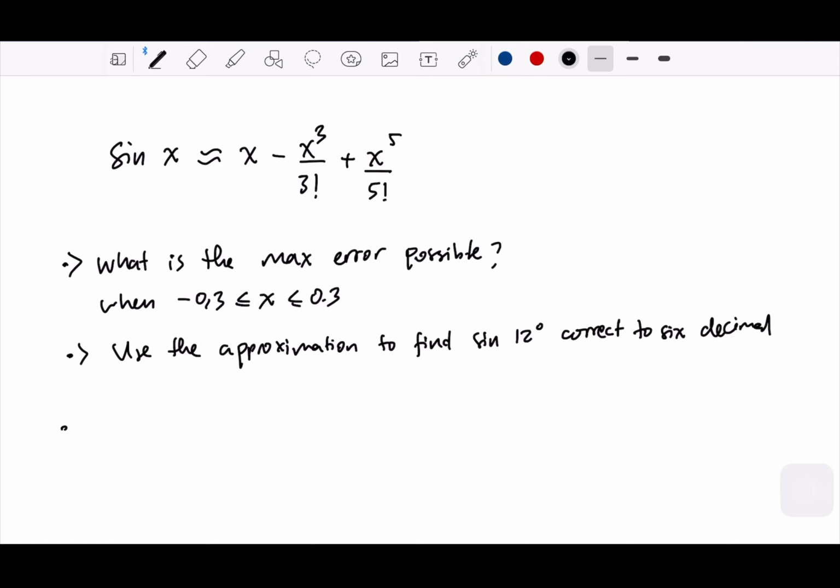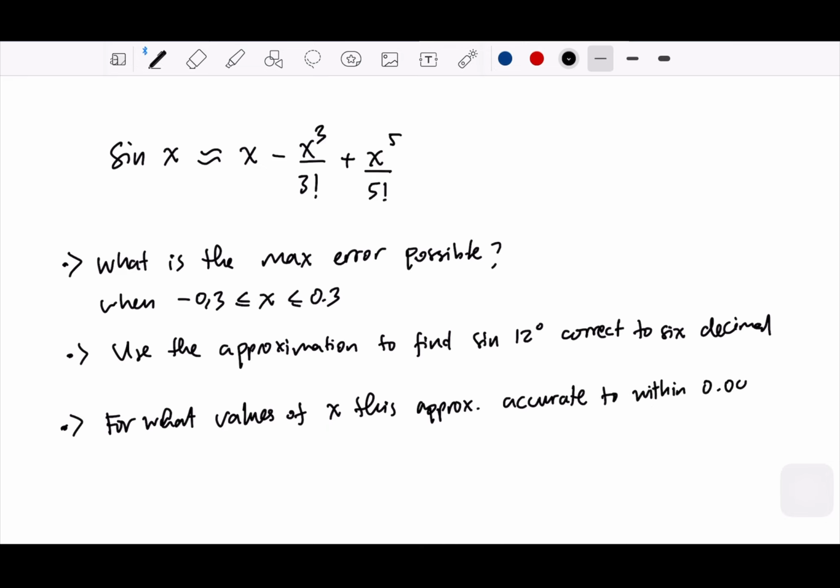And then the third question: for what values of x is this approximation accurate to within 0.00005?